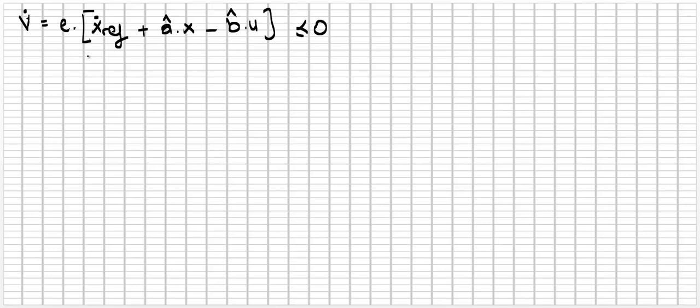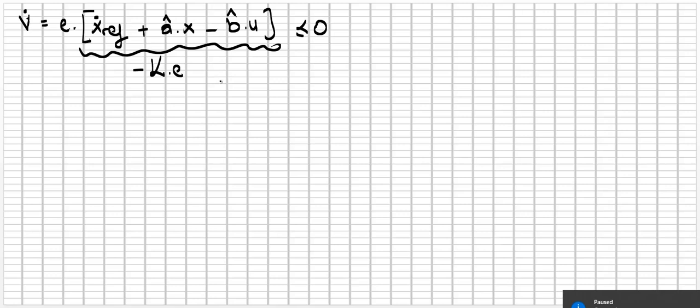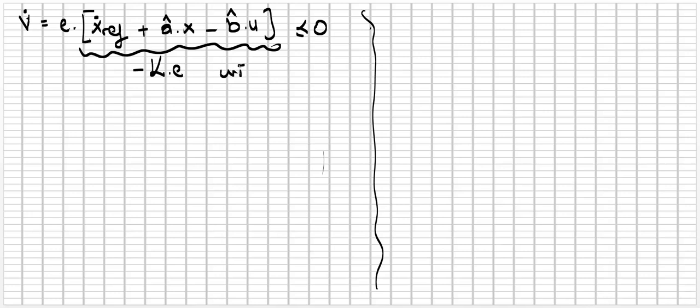With this technique, I can give one approach like this. If I have this kind of equation, I can equalize this term to minus k times e, with an always positive k value, or proportional coefficient.